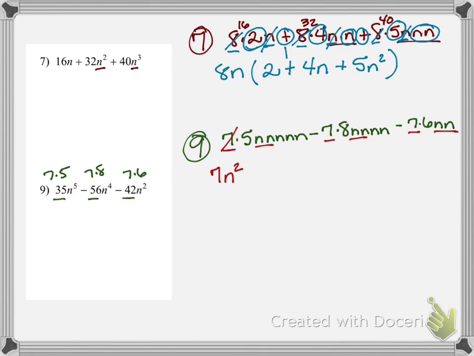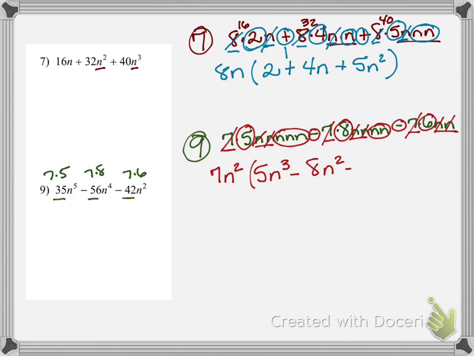I'm going to scratch that out, and I'm going to be writing everything that was left over. Got a 5. I got 3 n's. Don't forget the minus there. Got the 8, 2 n's, the minus, and the 6.